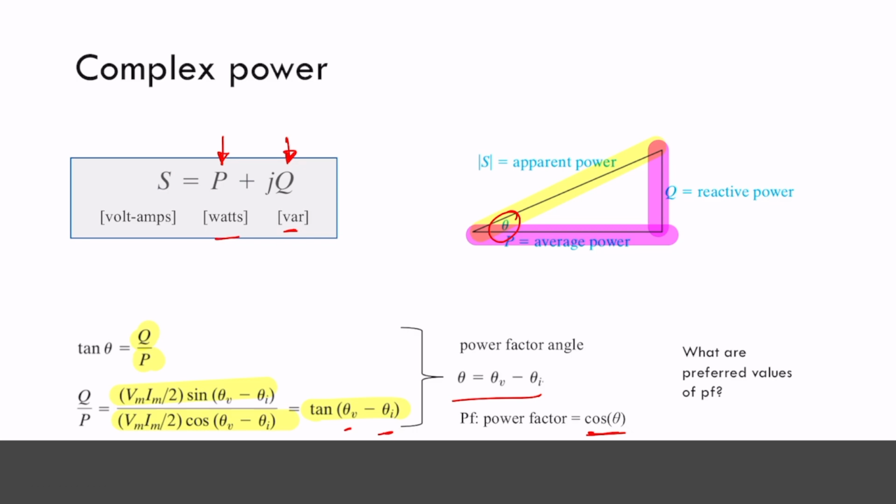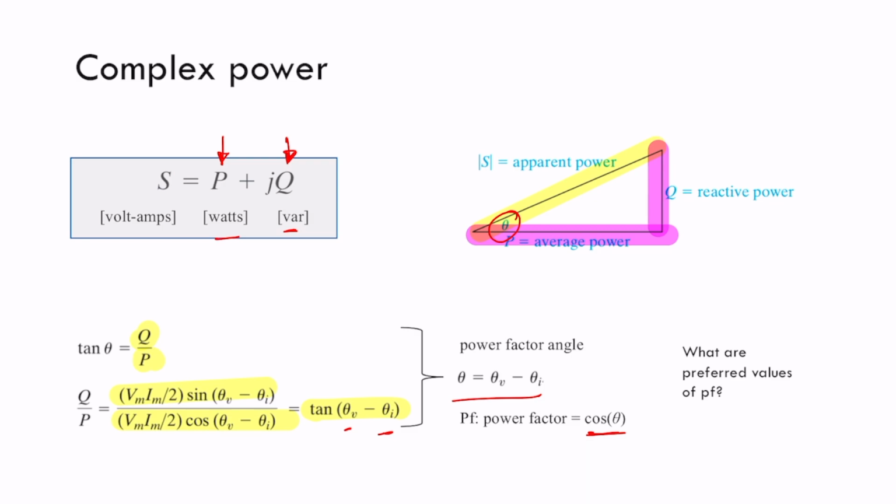Here is a question about what the preferred values of power factor are. Typically those values that give you the maximum active power or average power. Why? Because this is the power that we can use to do work. The reactive power is in there, and we cannot escape from that because it's part of the instantaneous power.